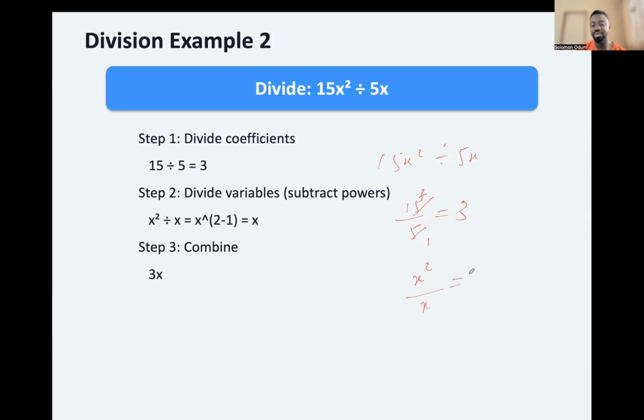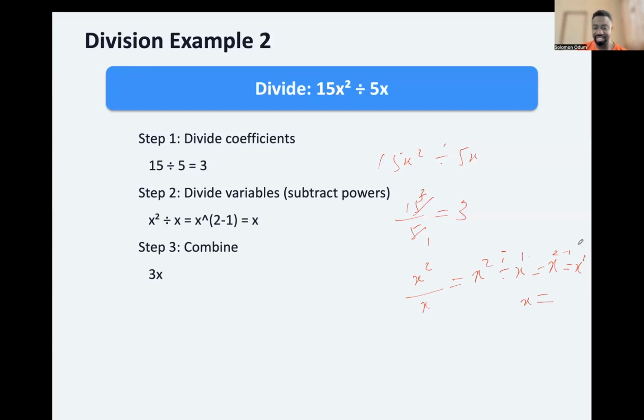We're trying to divide x squared by x, where the x in the denominator has exponent 1, so you subtract the exponents: 2 minus 1 gives x to the power 1, which is the same as x.